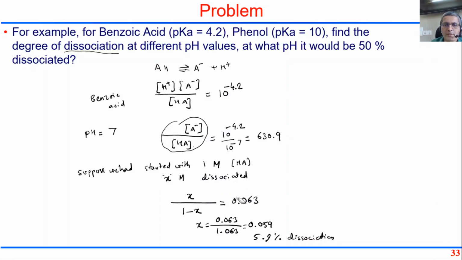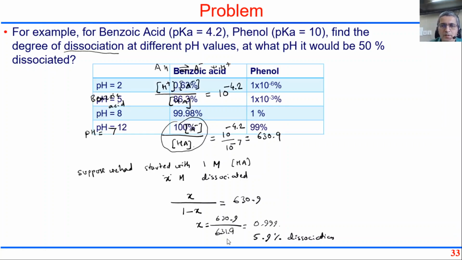So this X divided by 1 minus X would be 630.9. Then X would be 630.9 divided by 631.9, and this would be somewhere close to 0.999 something. 99.9% dissociated. Right?